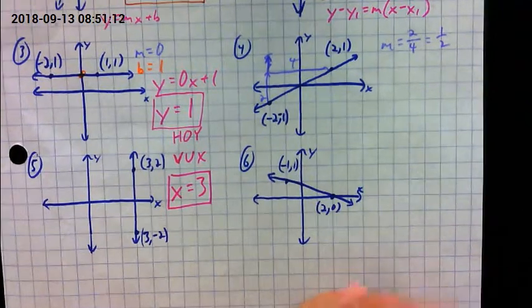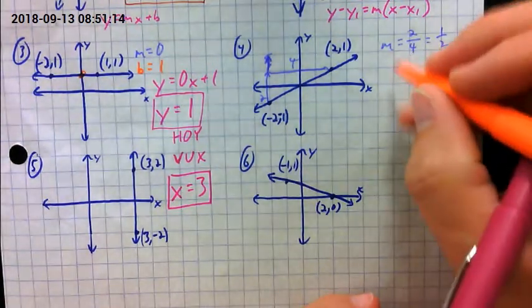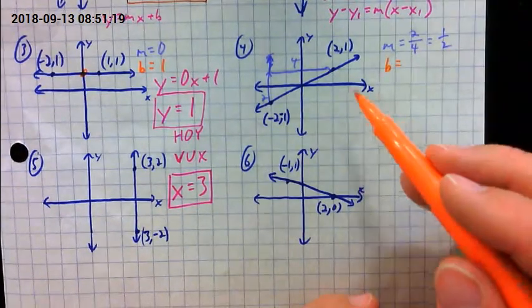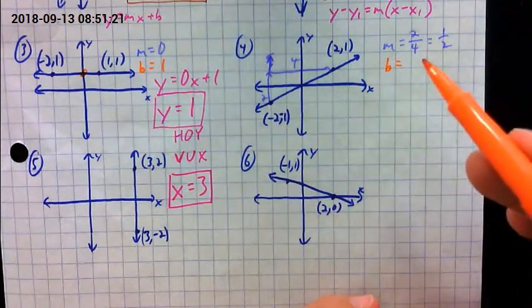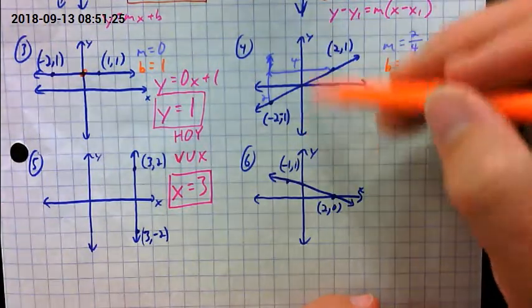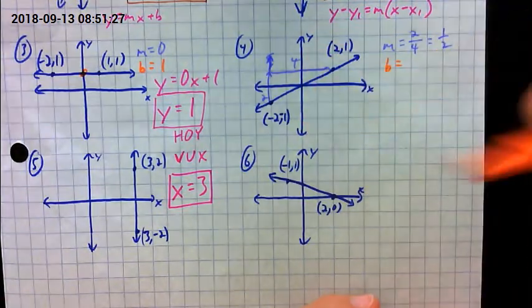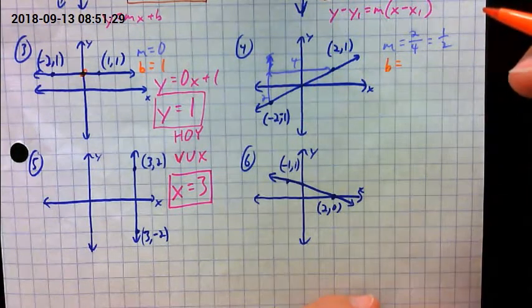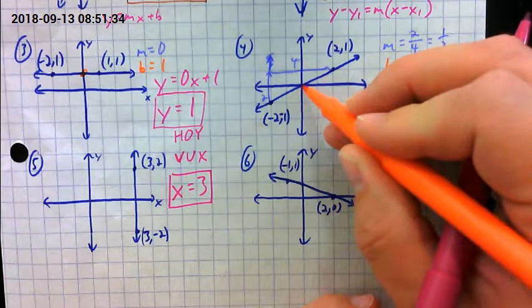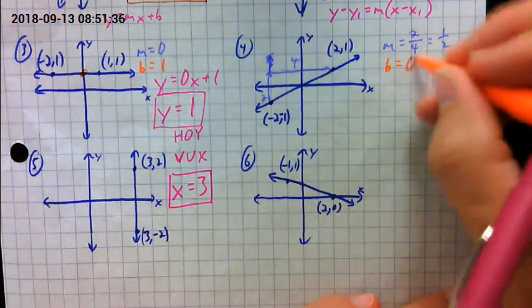And then for our b value, where's the line crossing the y-axis? It's crossing at 0, right? It's crossing at the origin.